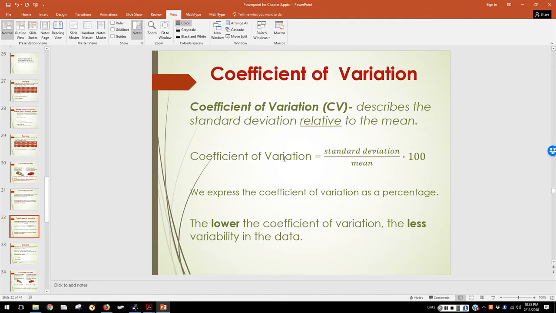It is calculated by taking the standard deviation and dividing it by the mean, and then to make it into a percentage, we multiply it by 100. The lower the coefficient of variation, the less variability there is in a data set.